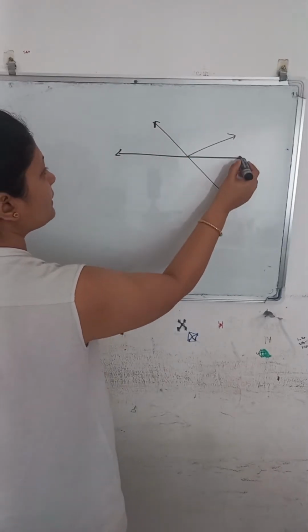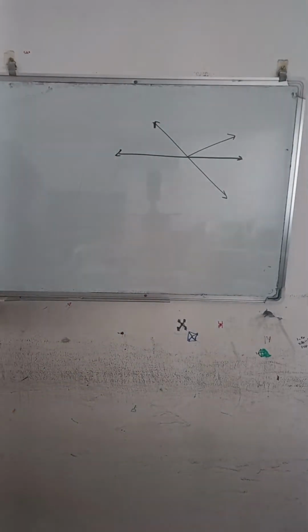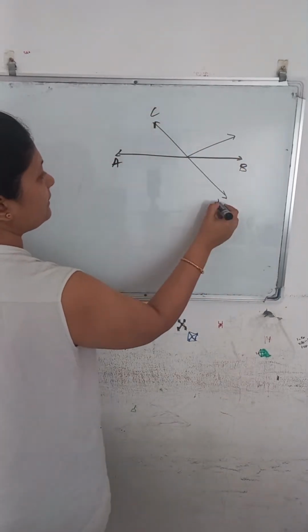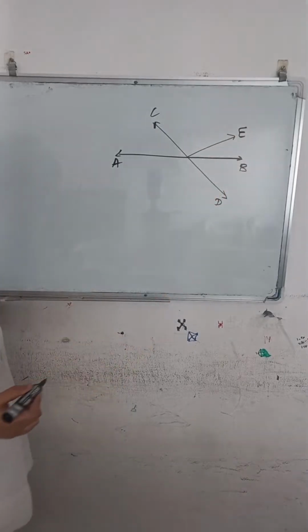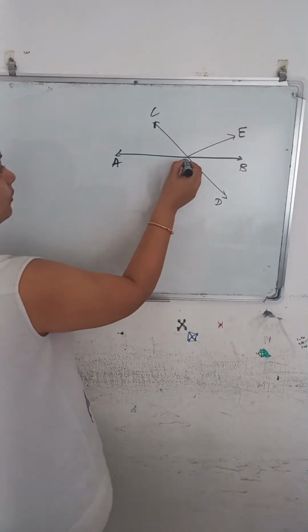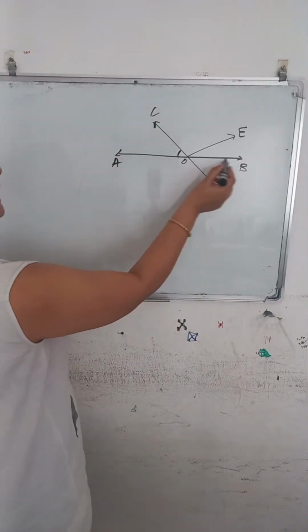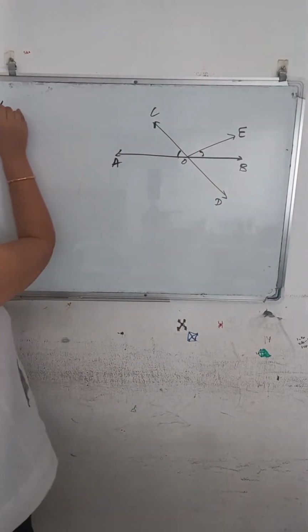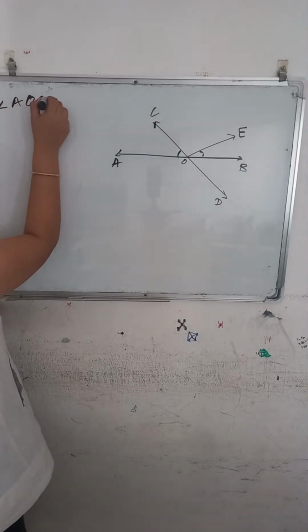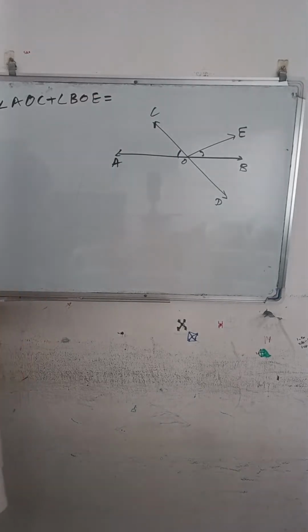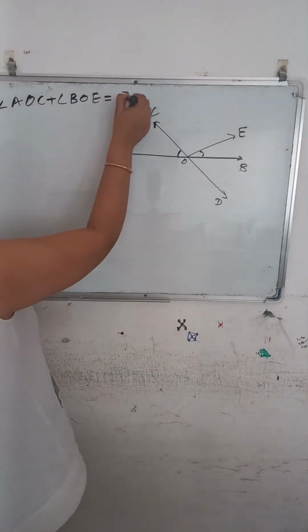So draw the figure also. This is AB, CD, E. This is the point O, and here angle AOC plus angle BOE is given as 70 degrees.